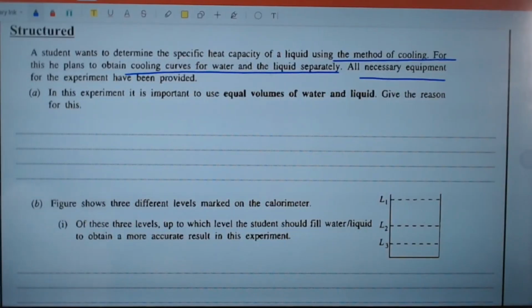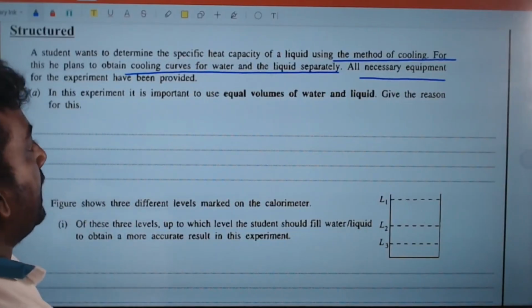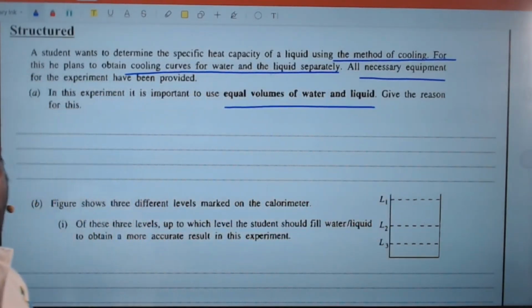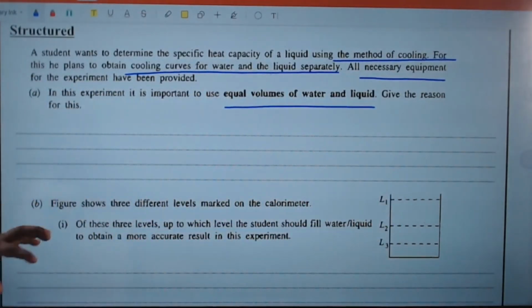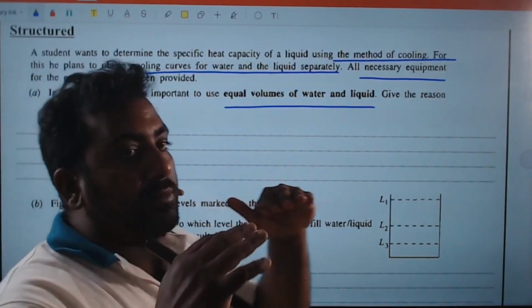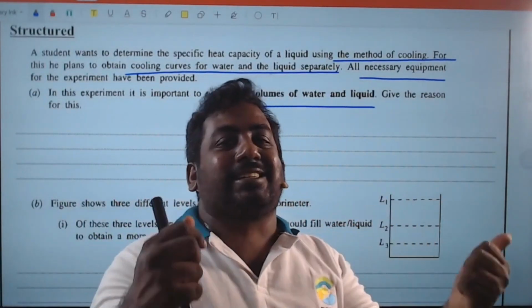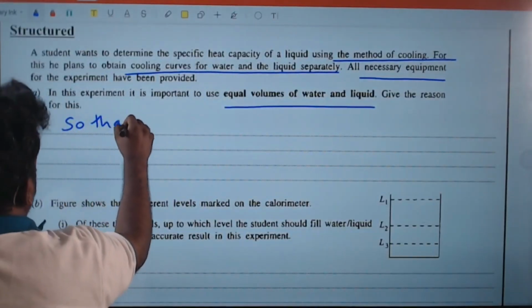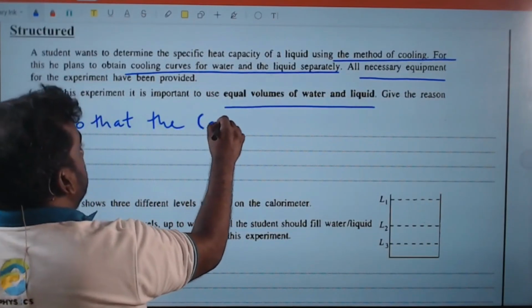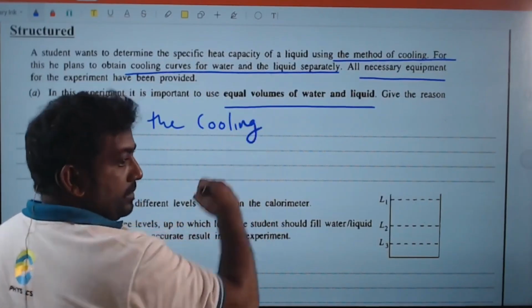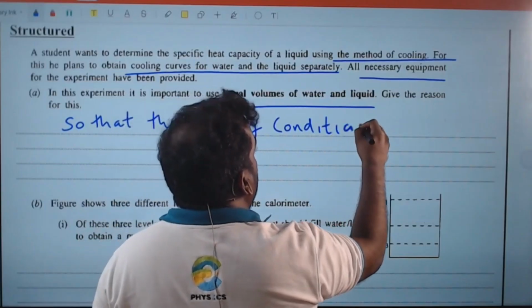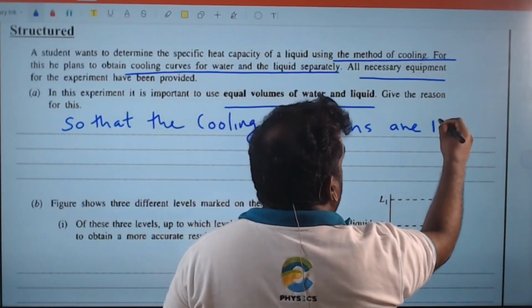In this experiment, it is important to use equal volumes of water and liquid. What is the reason? Equal volumes of water and liquid, so that the cooling conditions are the same.